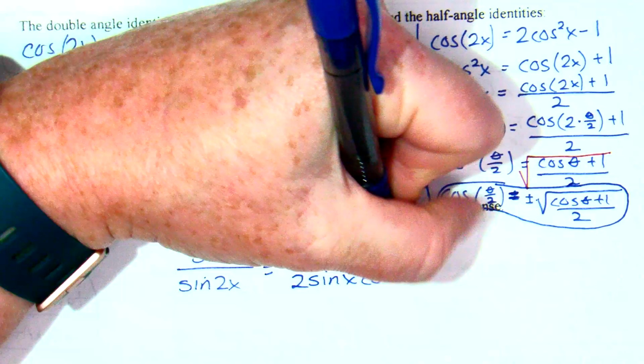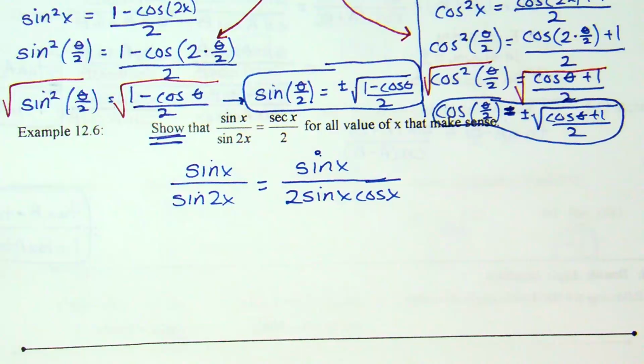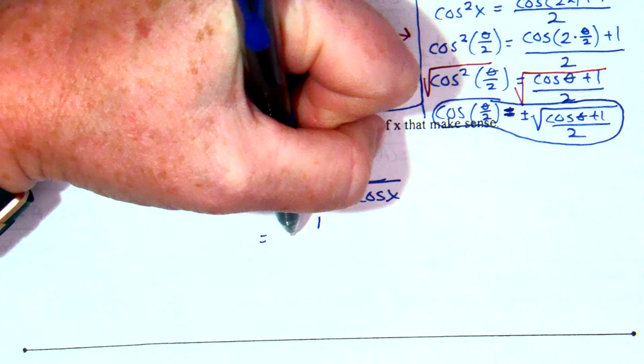What do you see that can happen here? Sine x can cancel with sine x. What remains on top? A 1. What remains on bottom? 2 cosine x.